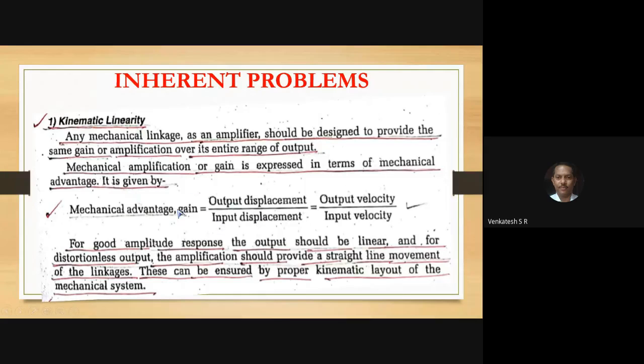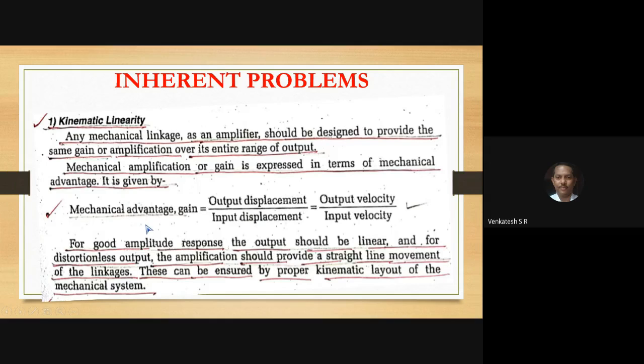The mechanical advantage or gain can be defined as the ratio of input to the output, whether it may be displacement, velocity, RPM, or movement, that can be amplified. For example, 10 RPM is increased to 1000 RPM. Imagine 100 tons that is increased.